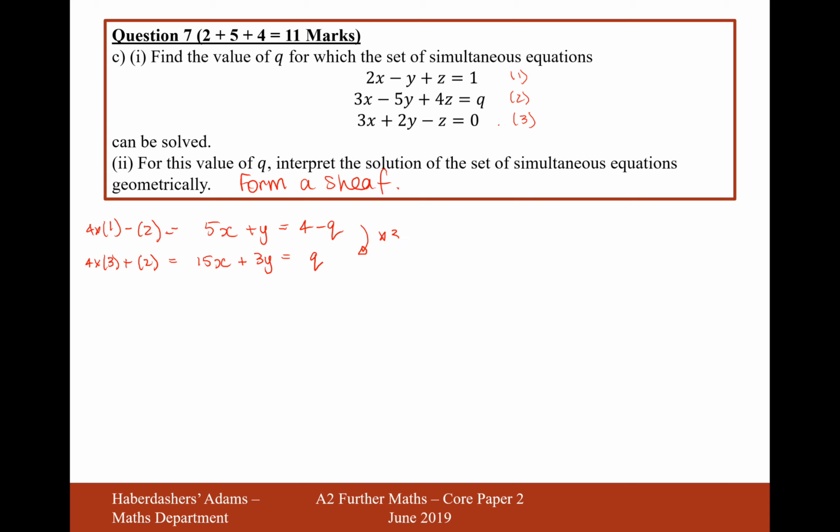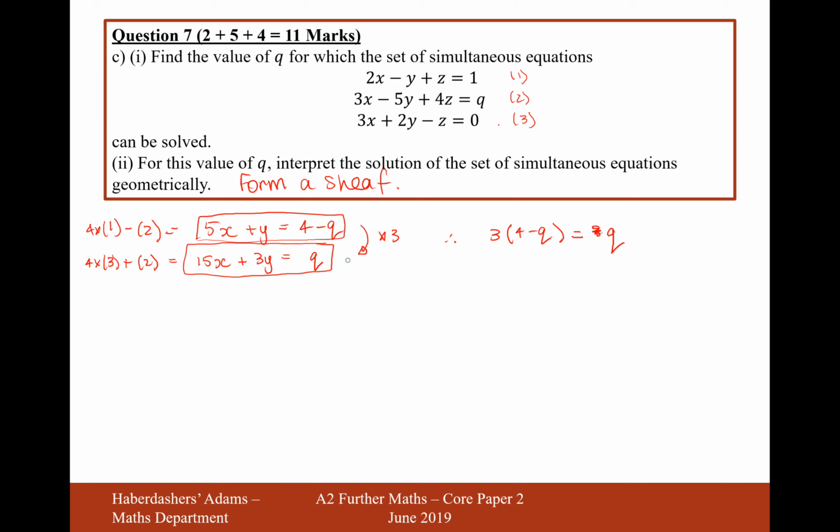So therefore we can see that there is a scale factor from one line to the next of 3, so 3 lots of 4 minus q should also be equal to q. The reason is that for our planes to have a solution, we want to form a sheaf, and therefore this equation and this equation need to be identical.